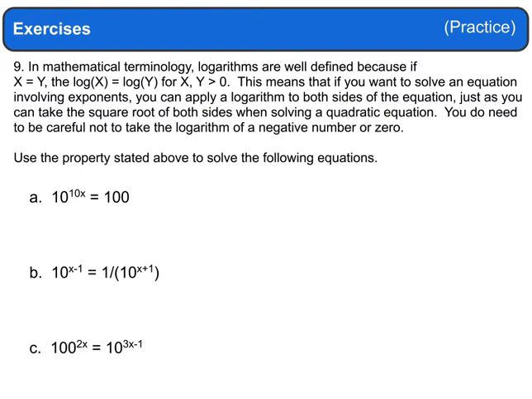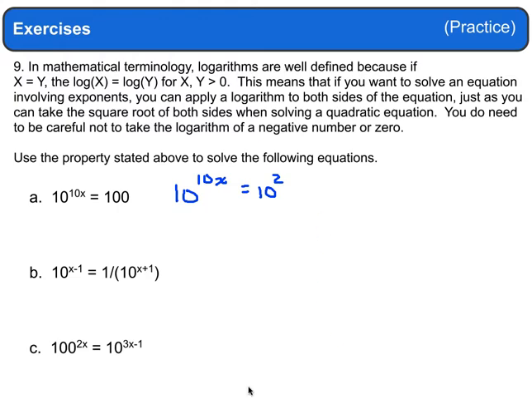Looking at number 9, they want us to solve each of these using properties as appropriate. Everyone has a different strategy. If I look at this one, the easiest thing to do would be to say 10 to the 10x power, and I change that 100 to a 10 squared.